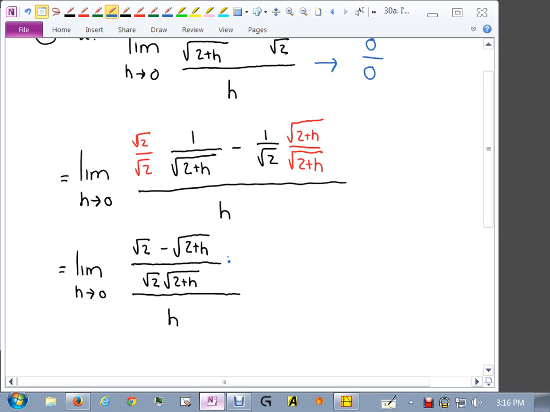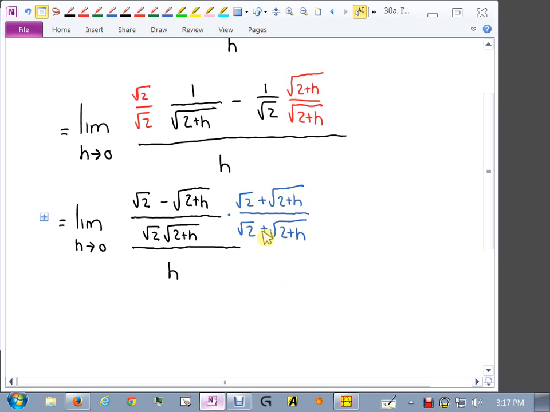So I'm going to come in here with root 2 plus root 2 plus h over root 2 plus root 2 plus h. That's a 1 right there, so that's valid. Go straight across here, straight across here, all of this over h when I'm done.